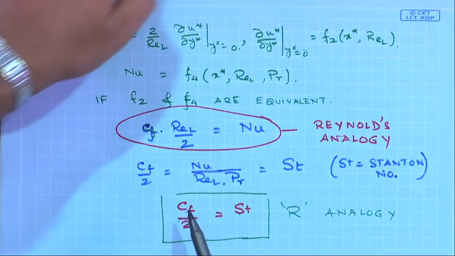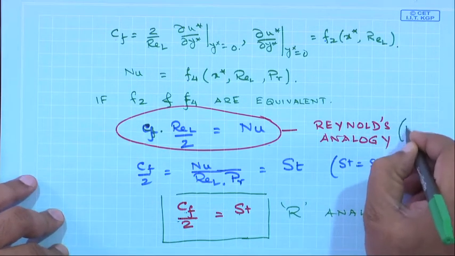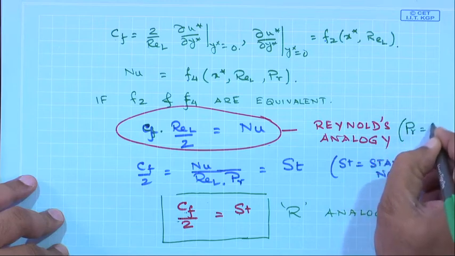But there is a problem, as I understand, that it is only valid for the case when Prandtl number is equal to 1.